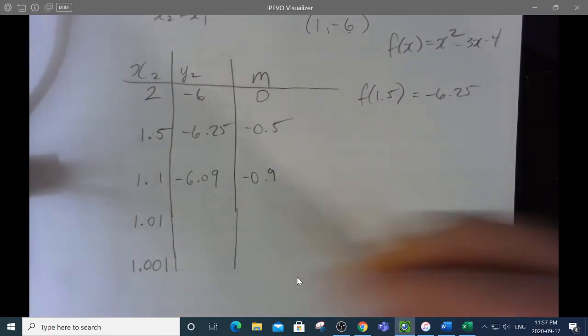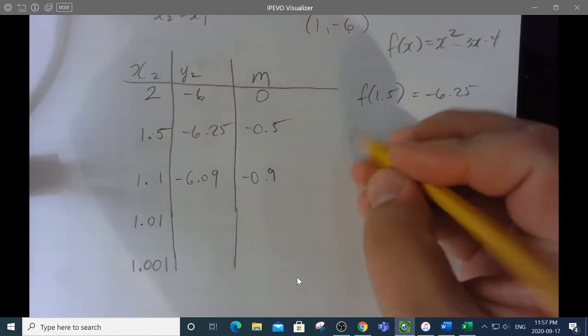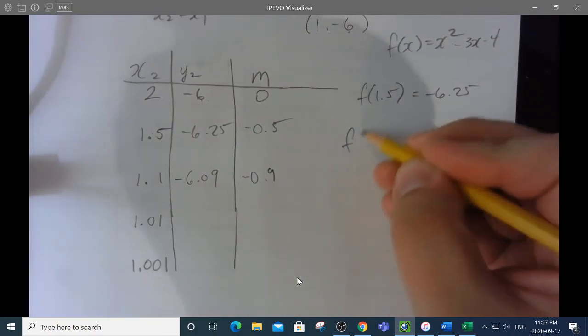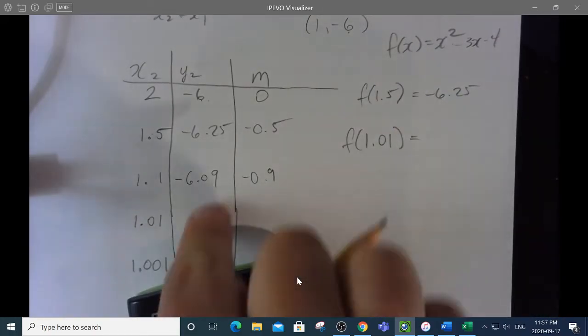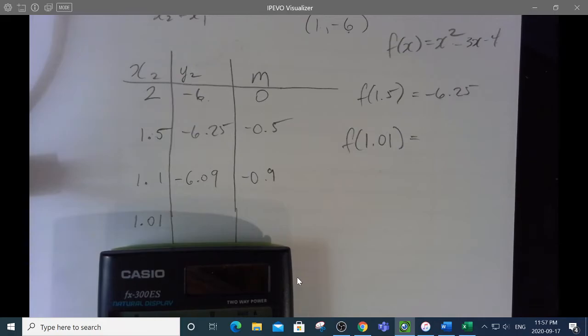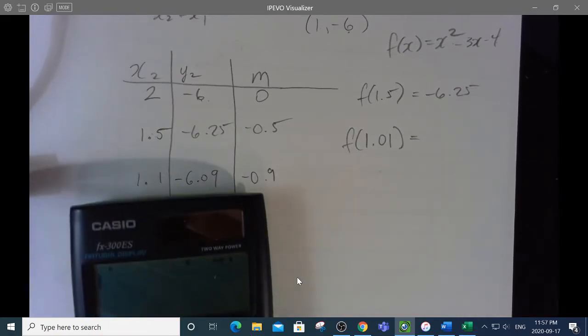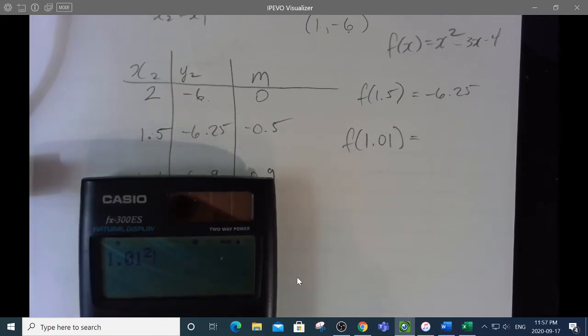Anyway, let's try 1.01 now, because doing all this arithmetic is just so much fun. So what's f of 1.01 going to turn out to be? Because that's the number I need here. I need the y-coordinate. So that would be 1.01 squared minus 3 times 1.01 minus 4 equals, ooh, that's an ugly fraction. Let's make it an even uglier decimal.